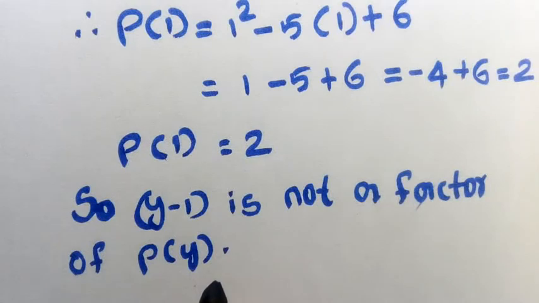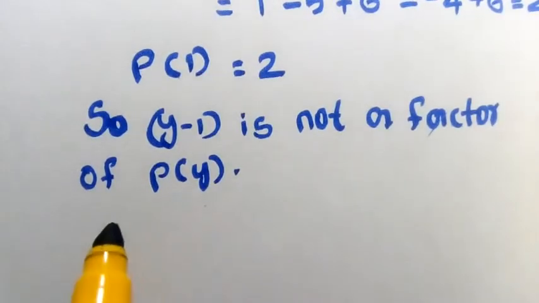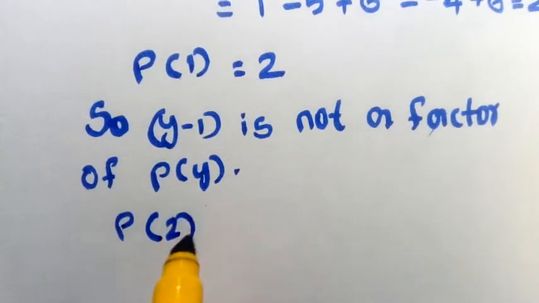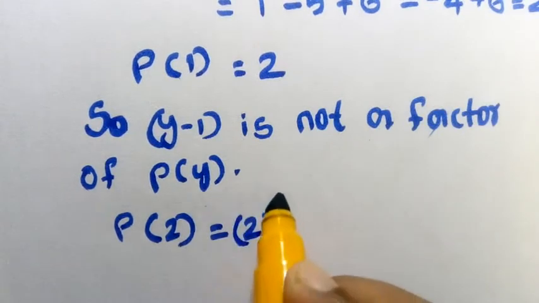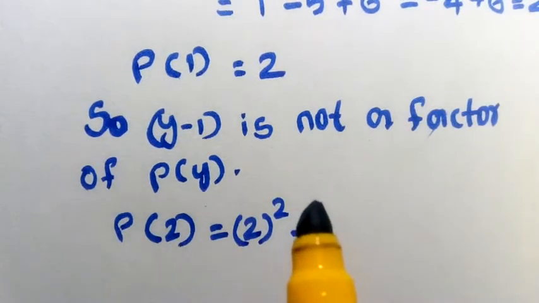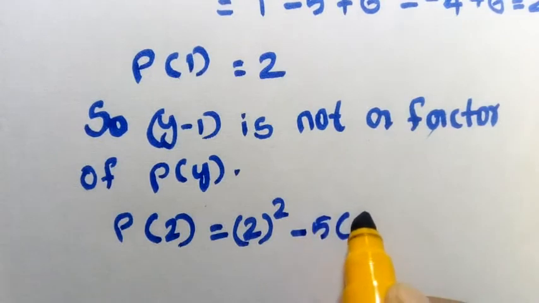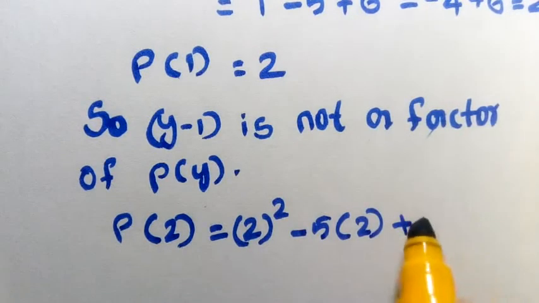Next, we need to substitute the next factor 2 in p of y. So, p of 2 is equal to, we have y square minus 5y plus 6. So, y square means 2 square minus 5 into 2 plus 6.